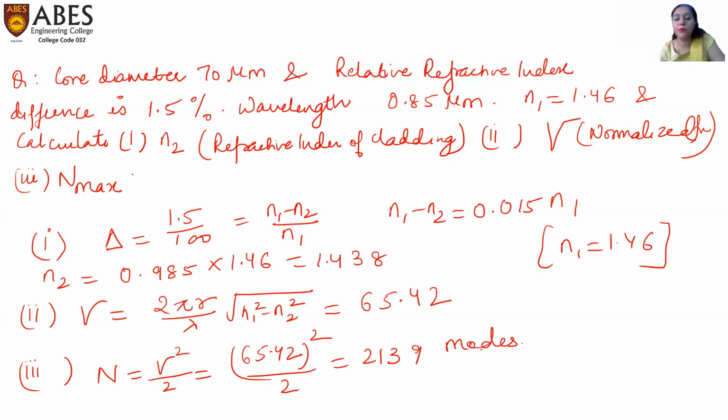Also, we have talked about the critical angle, sine inverse of N2 by N1, then V number, which is the normalized frequency given by 2 pi r by lambda under root of n1 square minus n2 square. Then maximum number of modes which the fiber can support. In terms of step index, it is V square by 2. In terms of gradient index, it is V square by 4. So these are a few questions which we have done.